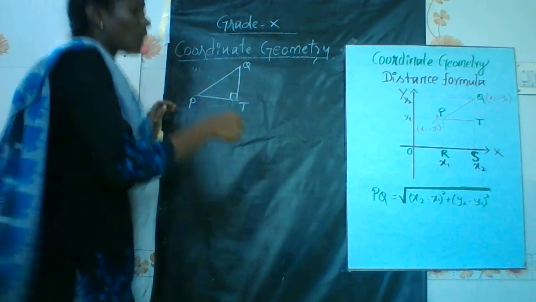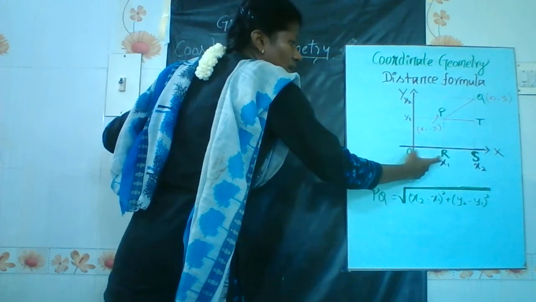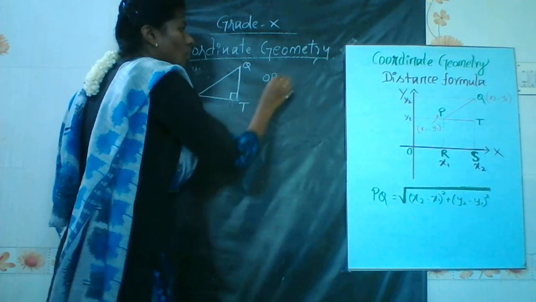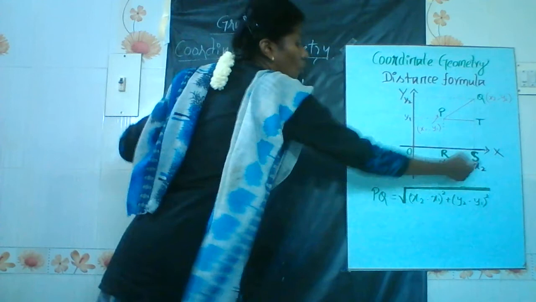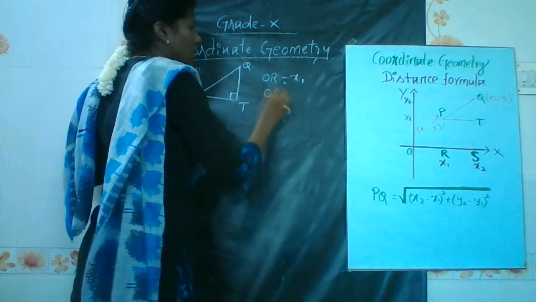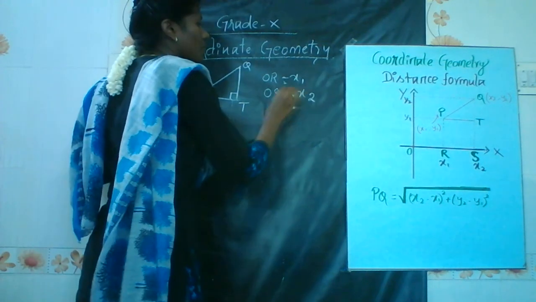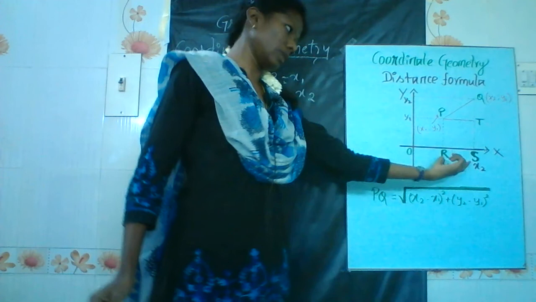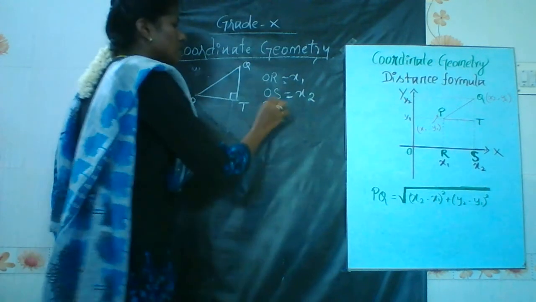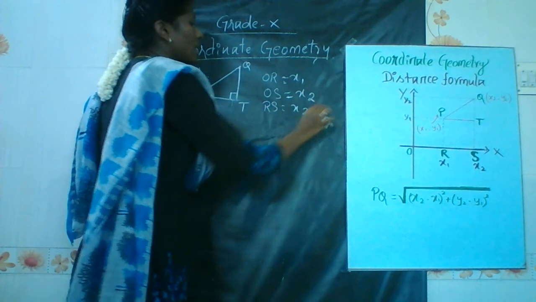Okay. Now I am going to find the value of OR. This part OR is x1 and OS is x2. Now RS, when you subtract, you will come to know the value of RS, that is RS is equivalent to x2 minus x1.